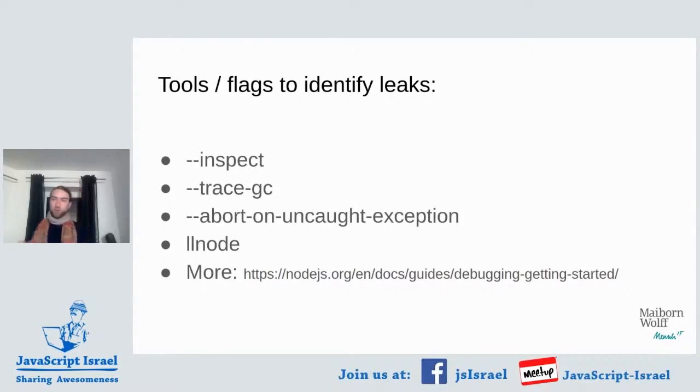If you have to be very reliable and you want to identify some difficult to debug problems, you might want to use the abort-on-uncaught-exception flag. It is going to cause a heap dump generation in case your process is going to crash.